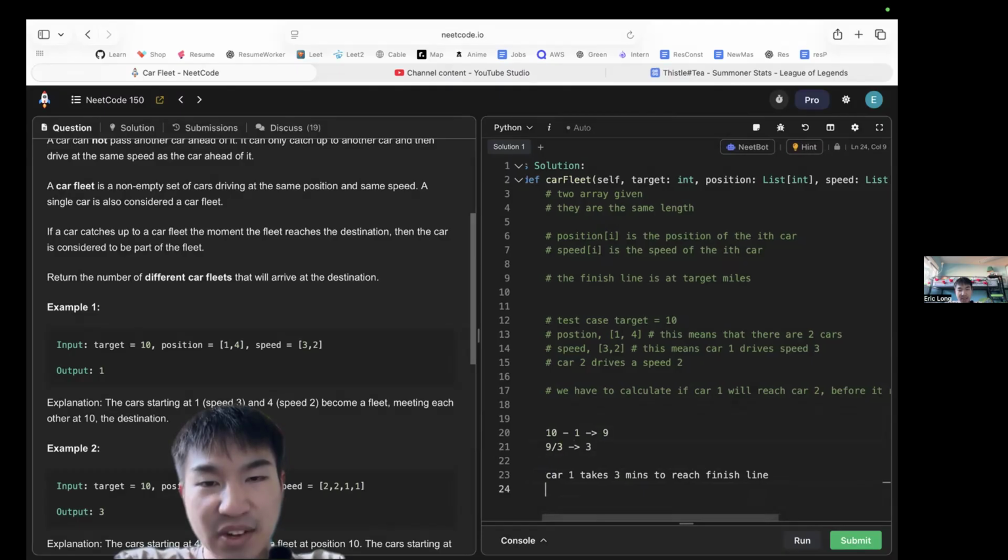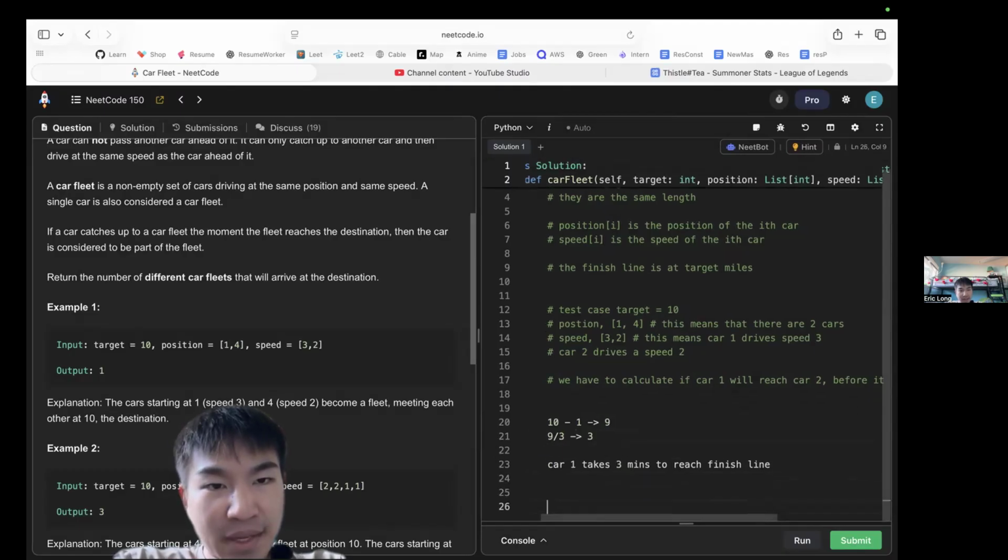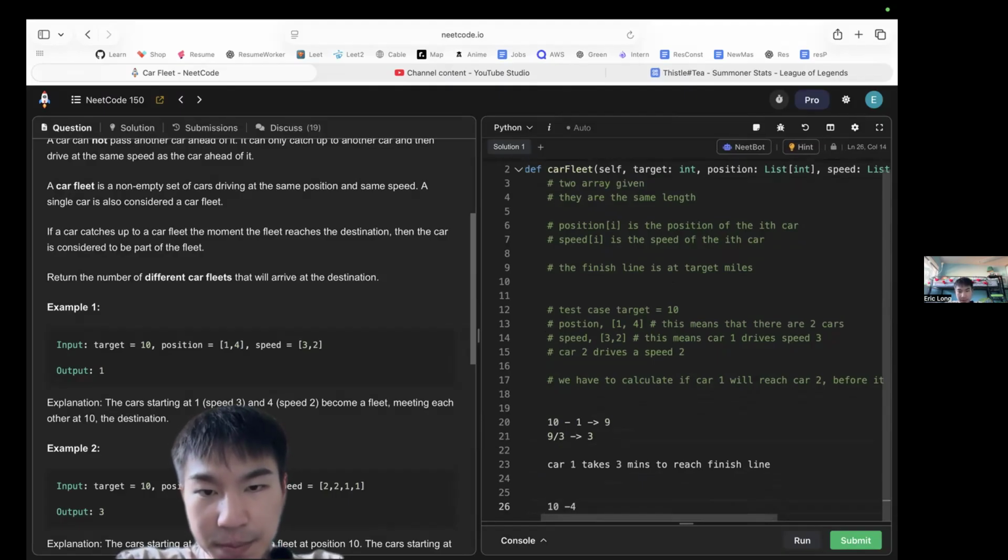Let's compute the second one. We have position four, which is car two. So 10 minus 4 is equal to 6.